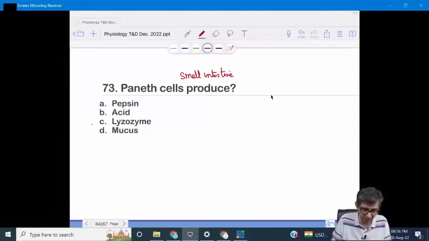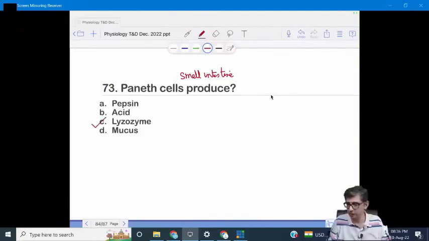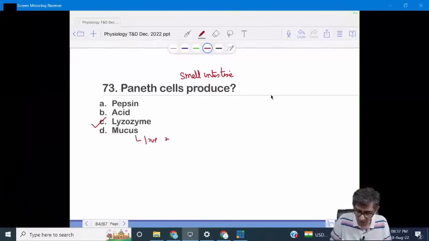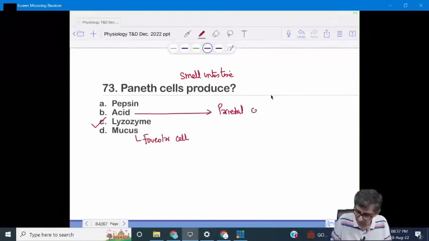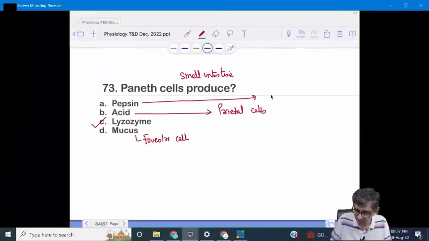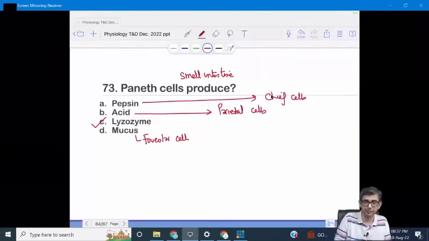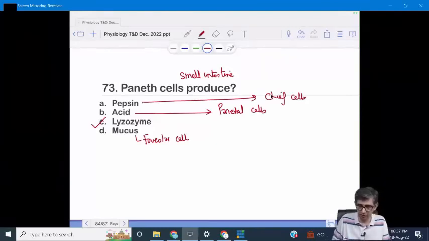Answer to 73 is option number C. बाकी mucus के लिए तो stomach में cells होते हैं, उनका नाम foveolar cells होता है. Acid के लिए parietal cells होते हैं. Pepsin के लिए chief cells होंगे. Answer to 73 is option number C.